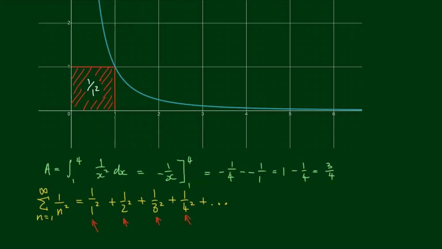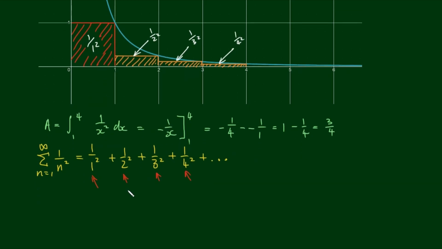We'll do the other terms in a different colour. So the second term is 1 over 2 squared. We've got 1 over 3 squared for the third term. And 1 over 4 squared for the fourth term. So let's label these 1 over 2 squared, 1 over 3 squared, and 1 over 4 squared.